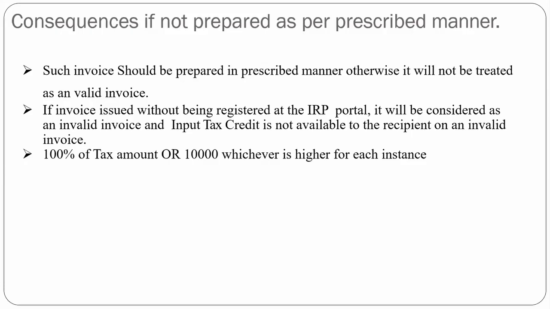Then for each such instance, the government could charge me 10,000 rupees or the tax amount which I have charged in that invoice. It will not allow the ITC, that's a separate thing for the purchaser, but it will also put the penalty on me, 10,000 rupees or the tax amount for each such instance.